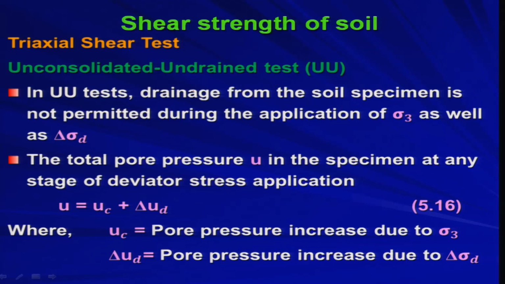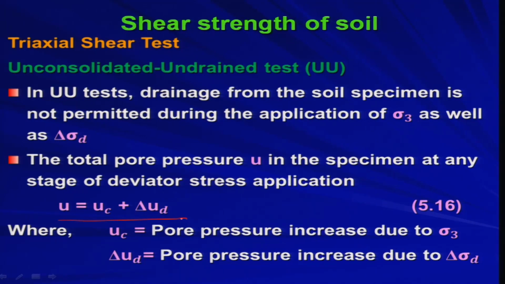Okay. So, the total pore water pressure U in the specimen at any stage of deviatoric stress application is nothing but UC plus delta UD, right. You will get pore pressure generation in two distinct steps. In the first step, when you apply the cell pressure, you will get some generation of pore pressure, and in the second step, when you are shearing it, when you apply the axial deviatoric stress, you will also generate pore water pressure.